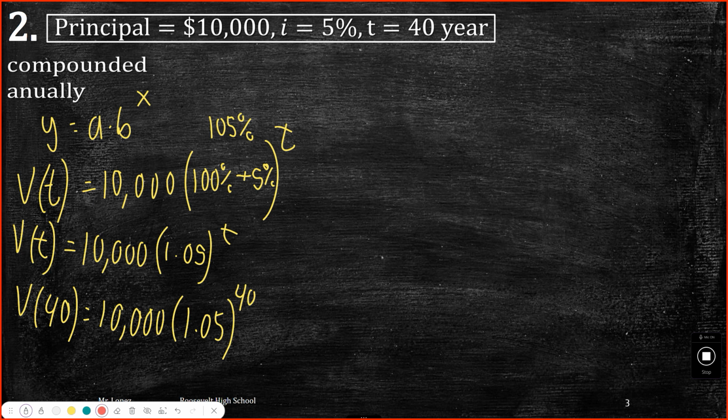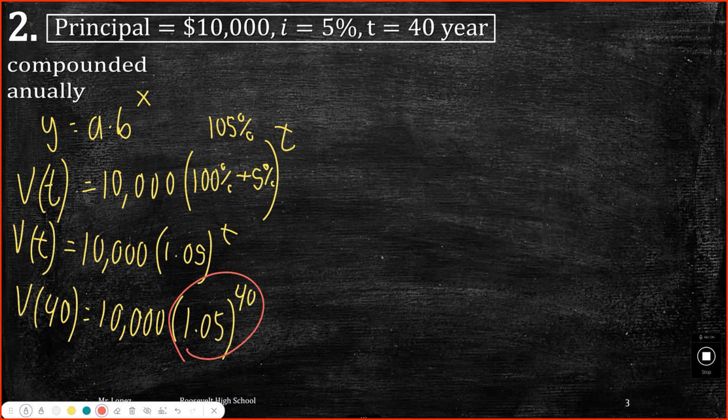So we are going to plug this into a calculator first, and then multiply it by 10,000, and let's see how much money you have at the end of 40 years. 1.05 to the power of 40 times 10,000.